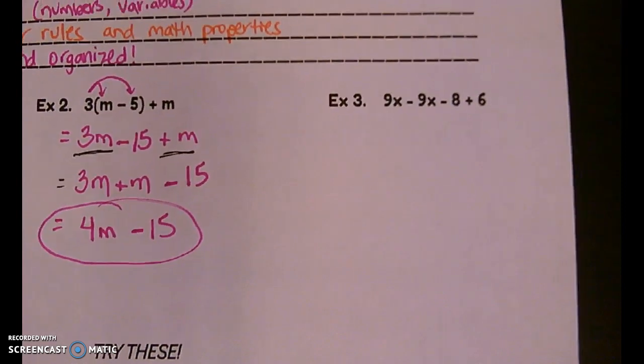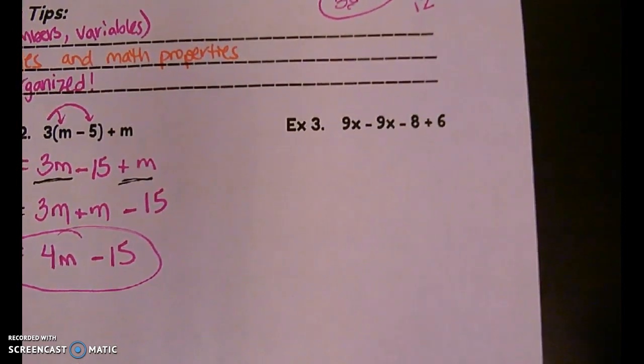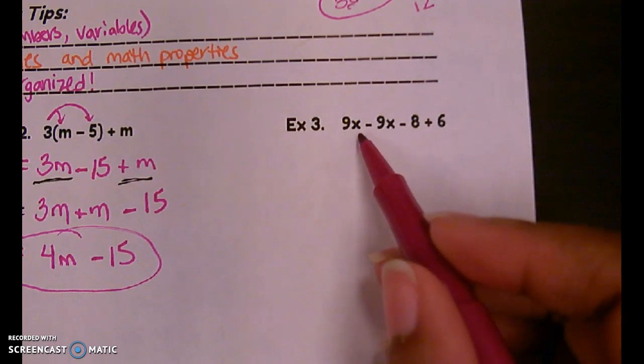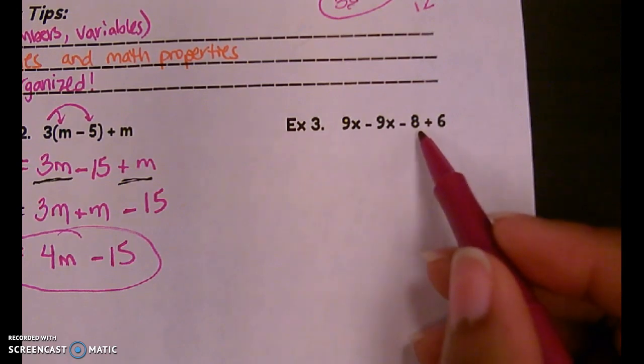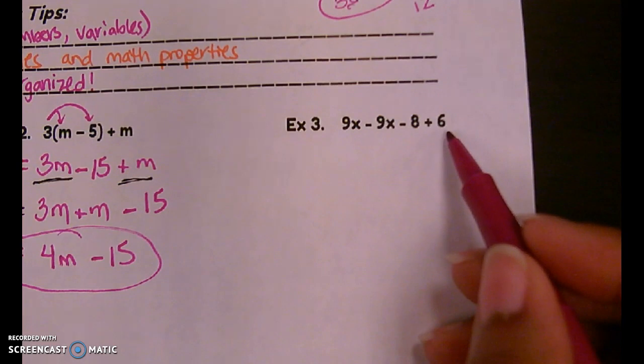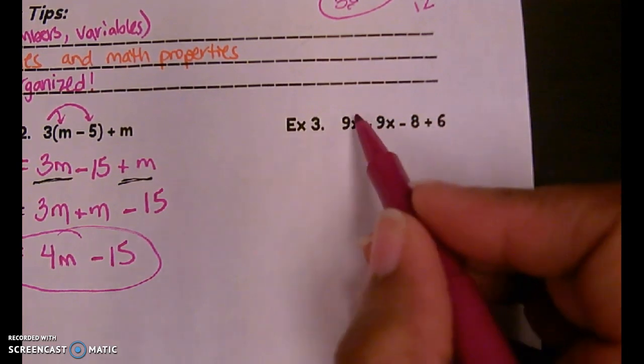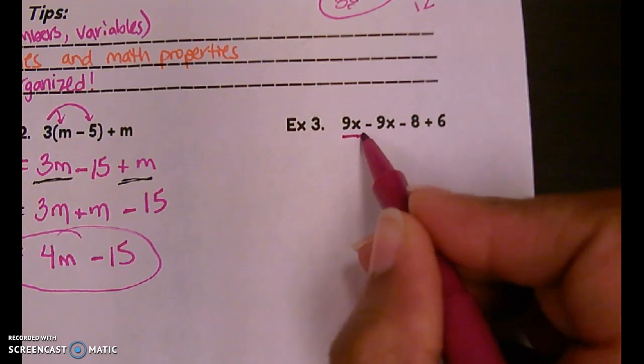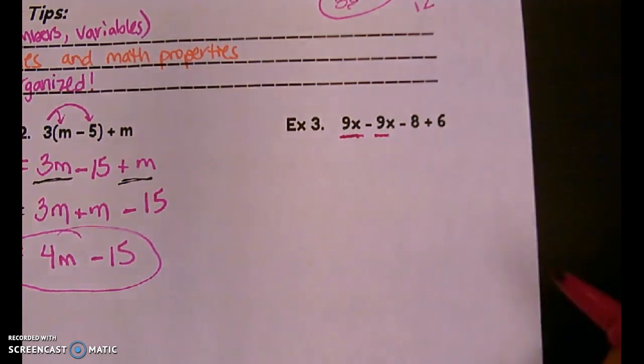Let's look at our last problem very quickly. The first thing I have is I know that I have 9x minus 8 plus 6. So, my 2 common situations here are my 9x and my 9x.